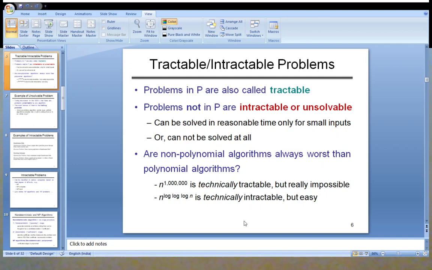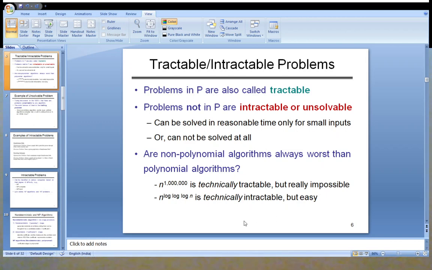First of all, can we say that non-polynomial algorithms are always worse than polynomial algorithms? Because some algorithm may be polynomial, but have the complexity n raised to the power 1 million.